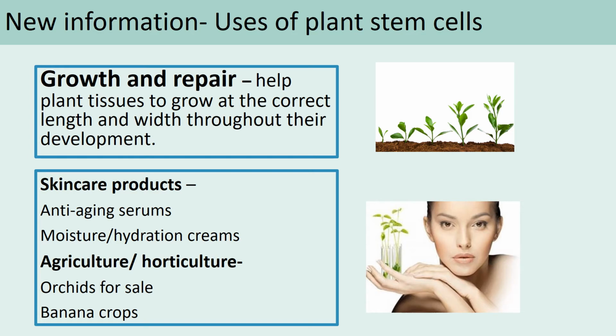We can use these for skincare products, not really helping the plants, but in animals we can use it for anti-aging serums and moisture and hydration creams. Another really good use that humans use it for on plants is things like orchids. Orchids are a very popular plant.